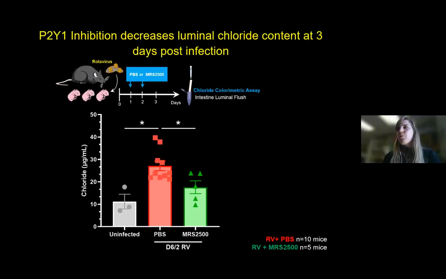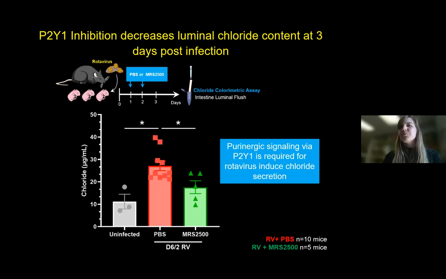And so what we see here is day 3 post-infection, using those luminal flushes. In our PBS treated rotavirus infected pups, shown in red, we do see a significant increase in the luminal chloride content compared to an age-matched uninfected pup. However, this increase is significantly dampened in our MRS treated pups. Ultimately, so far at least, suggesting that this P2Y1 signaling is required for rotavirus-induced chloride secretion.